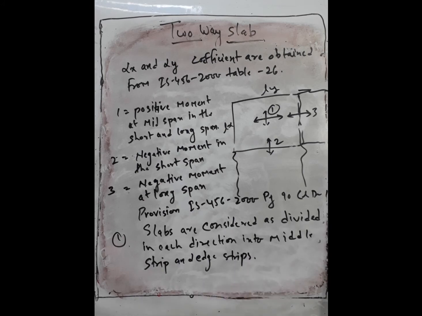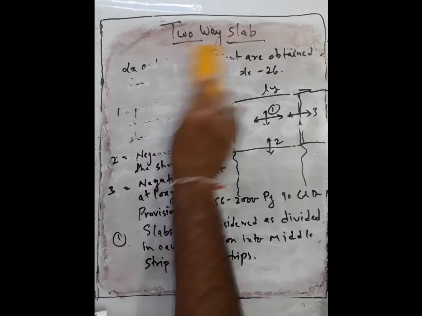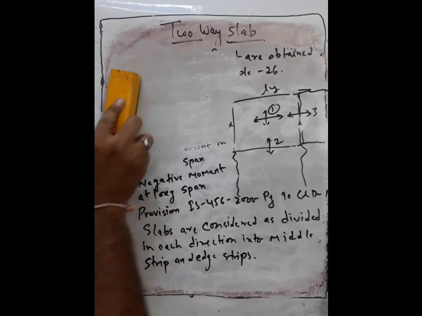Means in the restrained slab we have given provisions for slabs. Slabs are considered as divided in each direction into a middle strip and edge strips, like that. Let's see the diagram.